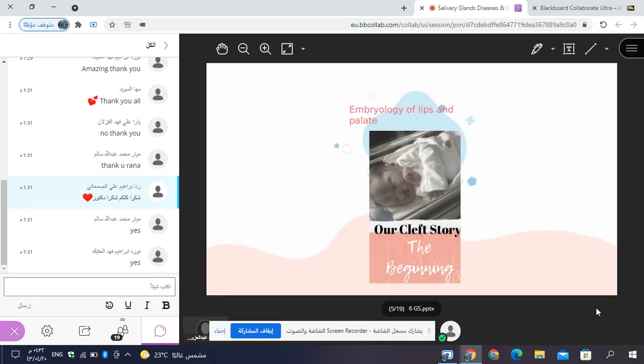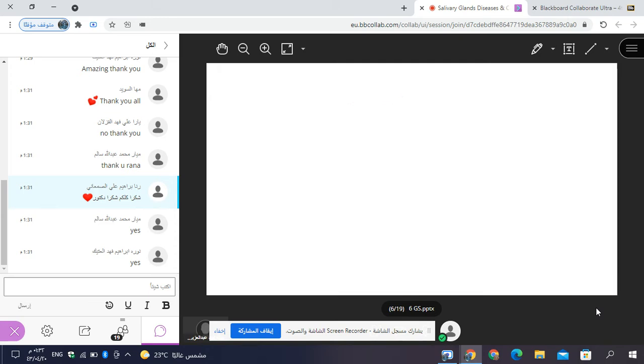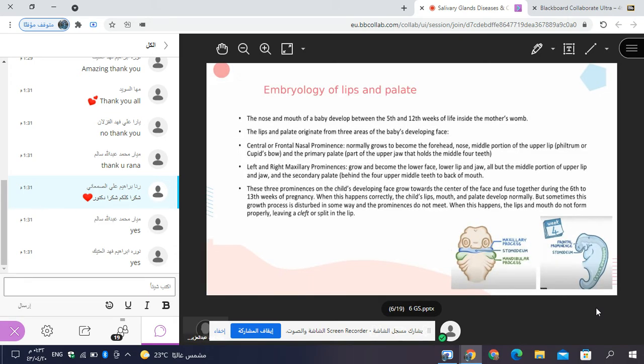We'll start with embryology of the lips and palate. The nose and mouth of the baby develop between the 5th and 12th week of life, and the lip and palate originate from 3 areas of the baby's developing face. First, we have a central or frontal nasal prominence.